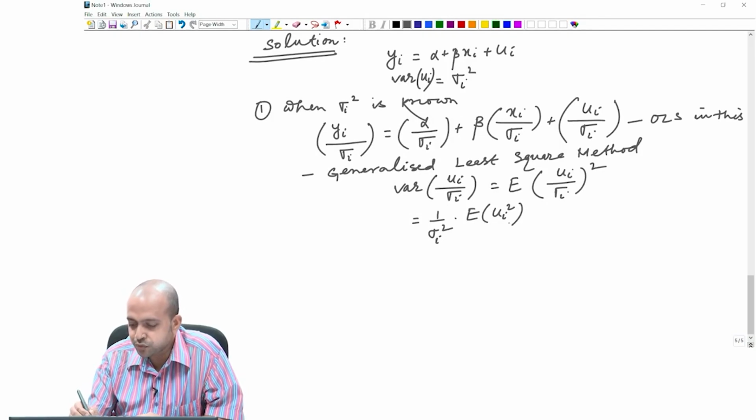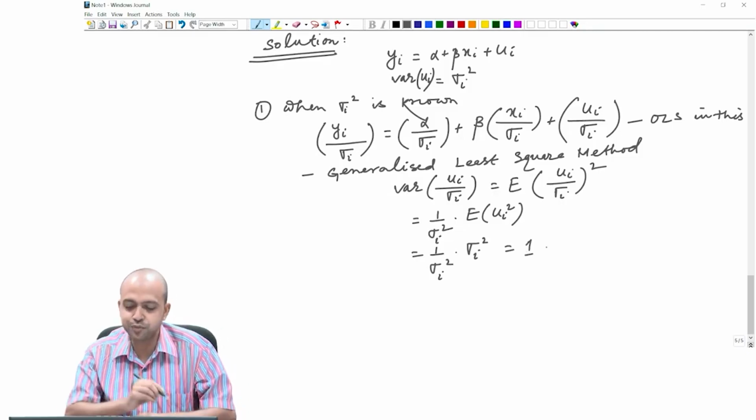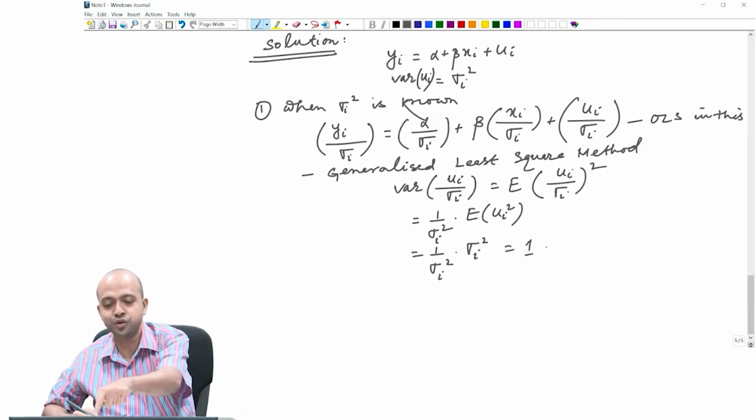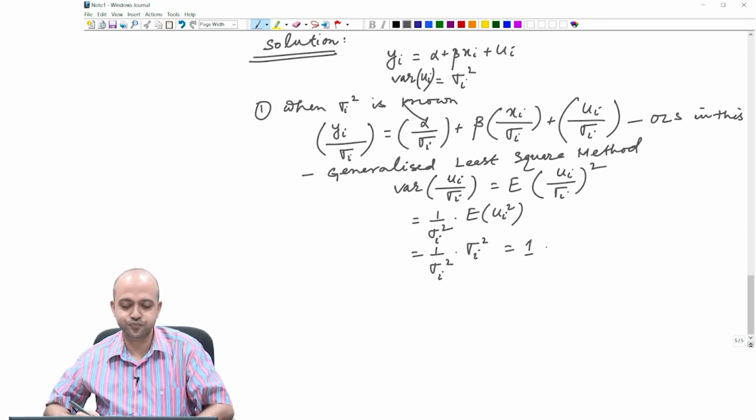And expectation of ui square is also sigma square i, so it equals 1 by sigma square i into sigma square i, which equals 1. So variance is constant in the modified regression, while it was not in the original regression.